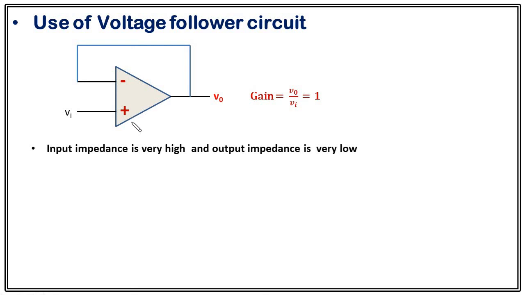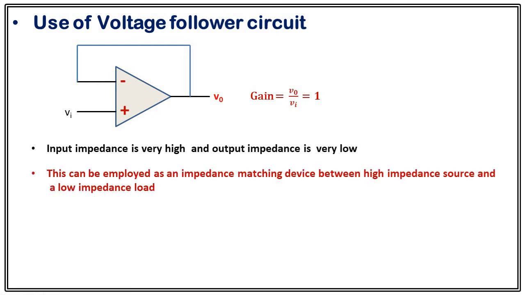In that case, input impedance is infinity and output impedance will be 0. But as this is a practical op-amp, we can say input resistance is very high, however output resistance is very low. Thus, we can use this circuit as an impedance matching device between a high impedance source and a low impedance load.